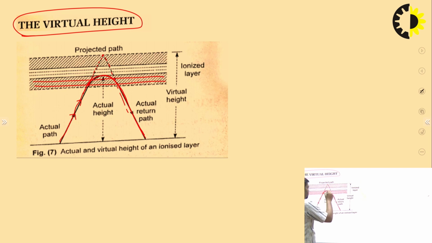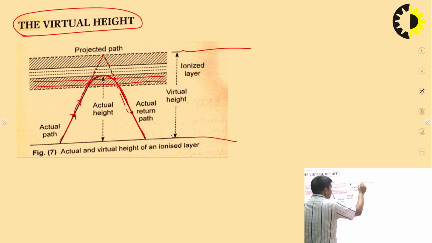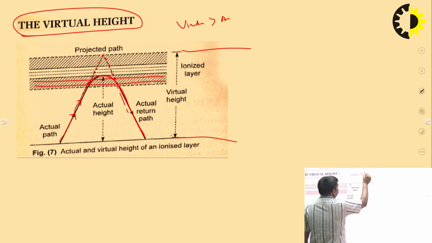So this is the actual height and this is the virtual height. Virtual height is the distance from the Earth's surface to the point where the projected path of the sky wave occurs, and virtual height is always greater than actual height.